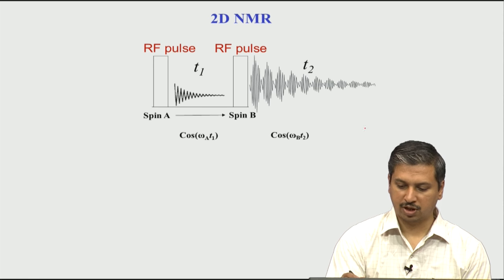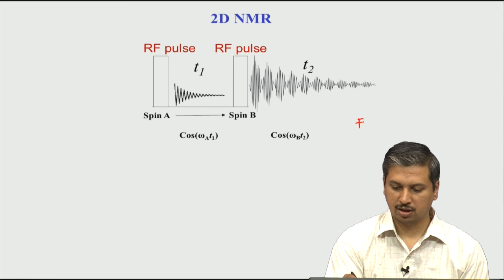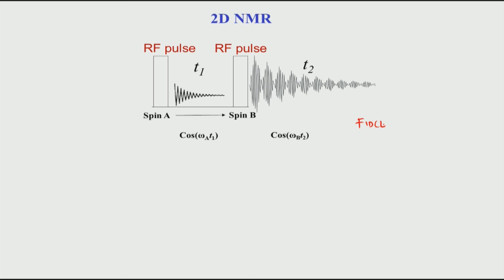My final FID total is basically cosine omega A T1 into cosine omega B T2. So, this is the main point here: mathematically, we have basically multiplied the two FIDs. Okay. So, now the total FID.